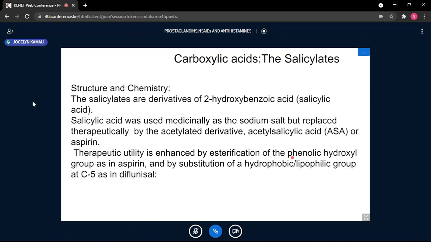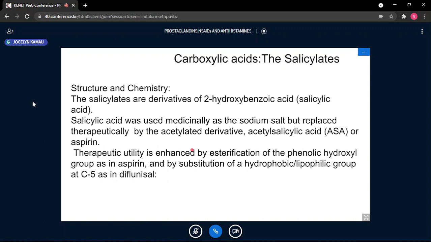So it was acetylated to give us acetylsalicylic acid, which had a better taste and also lower toxicity in terms of acidity. Its activity was also enhanced by esterification, because esterification of the hydroxyl group increased the lipid solubility, and therefore that molecule could penetrate the membranes and give us some activity.